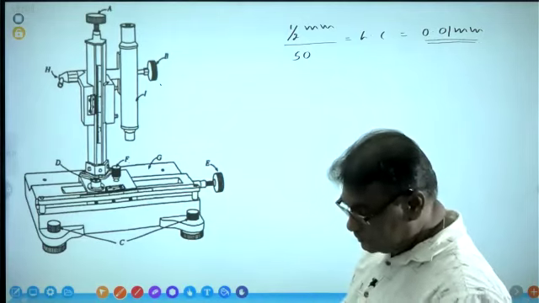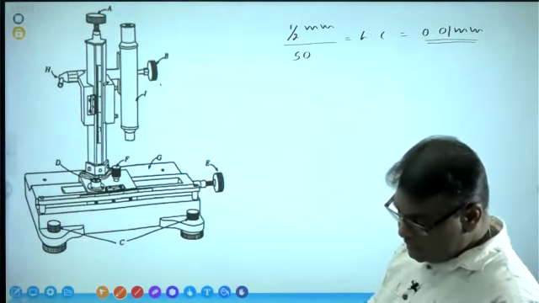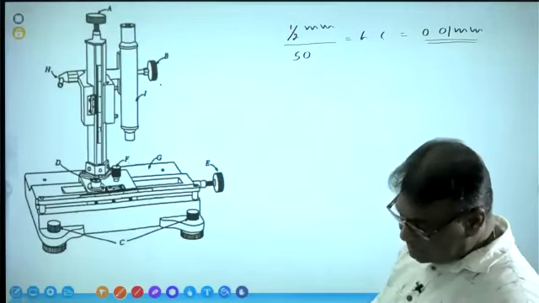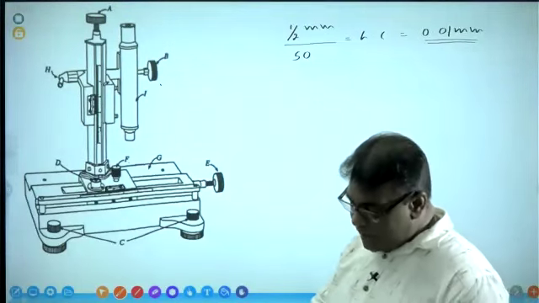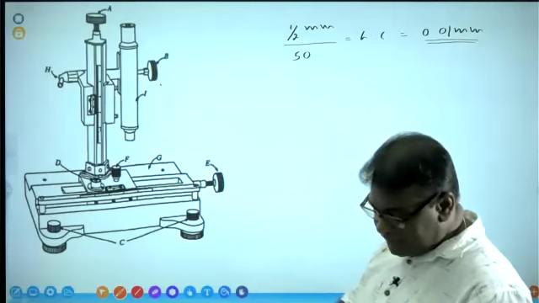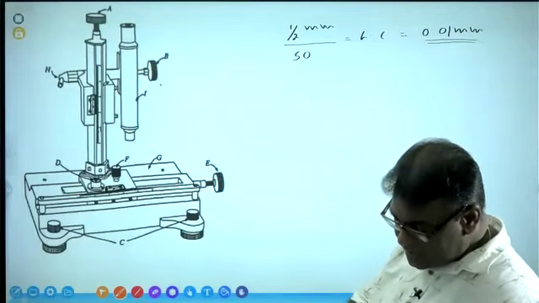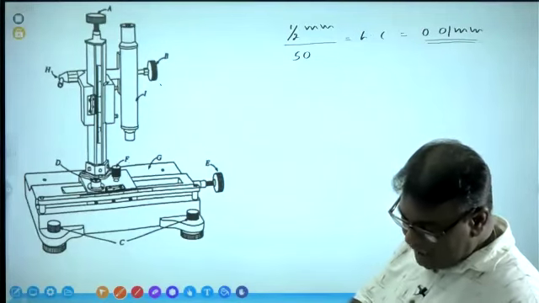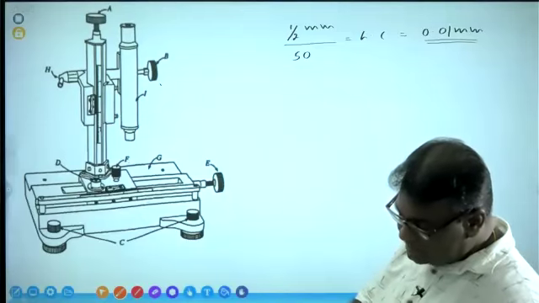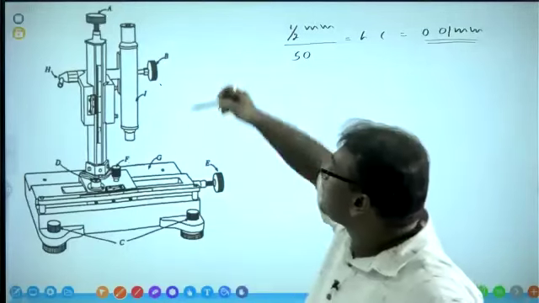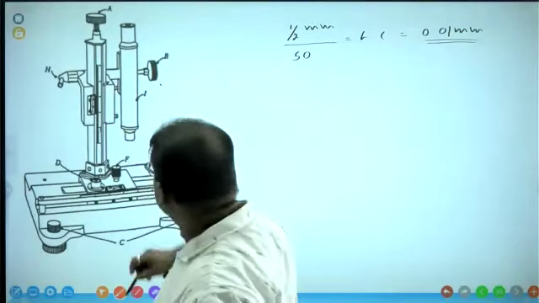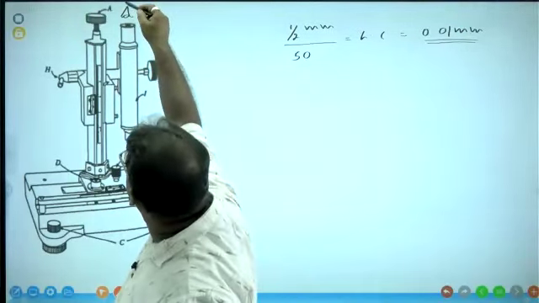Next question D. The second prior adjustment which is needed to be done is the adjustment of the eyepiece. Briefly explain how it is done. The eyepiece lens is this one. We are going to keep the eye right here.